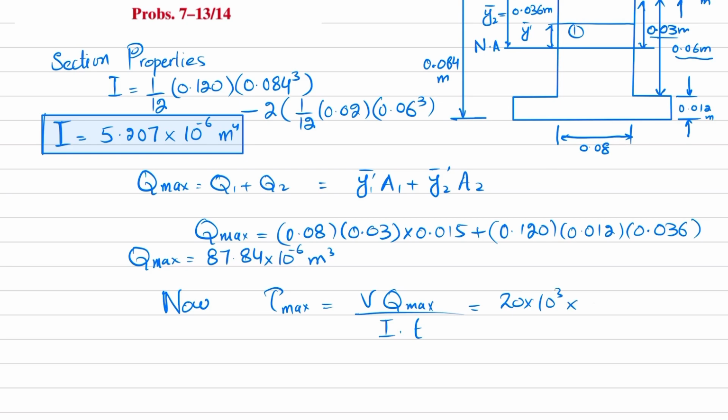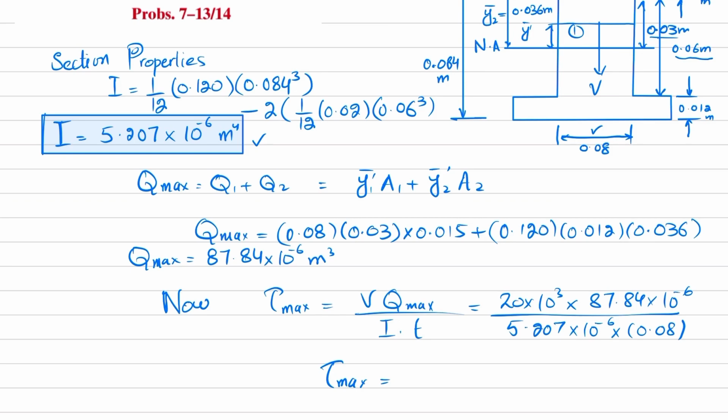Q max is 87.84 into 10 raised to the power minus 6, divided by I, which we calculated as 5.207 into 10 raised to the power minus 6, multiplied by thickness T, which is 0.08. You can see the thickness where the shear force V is applied. When you calculate this, you will get 4.22 into 10 raised to the power 6 Pascal.